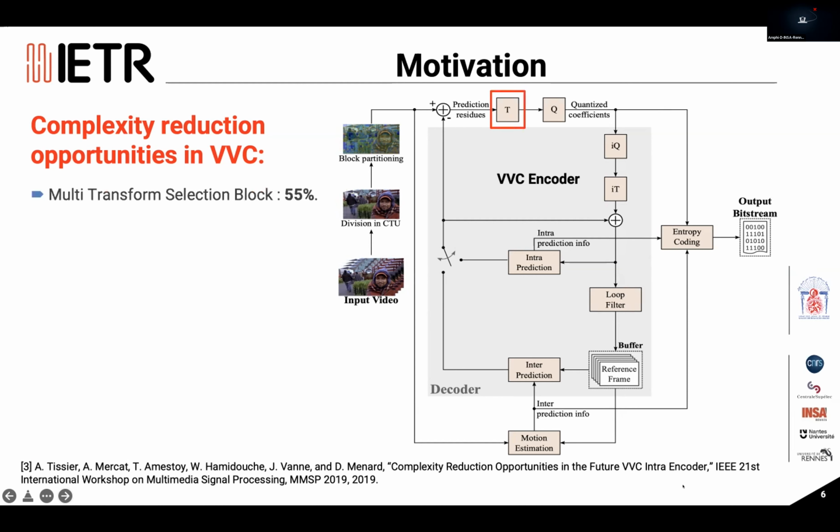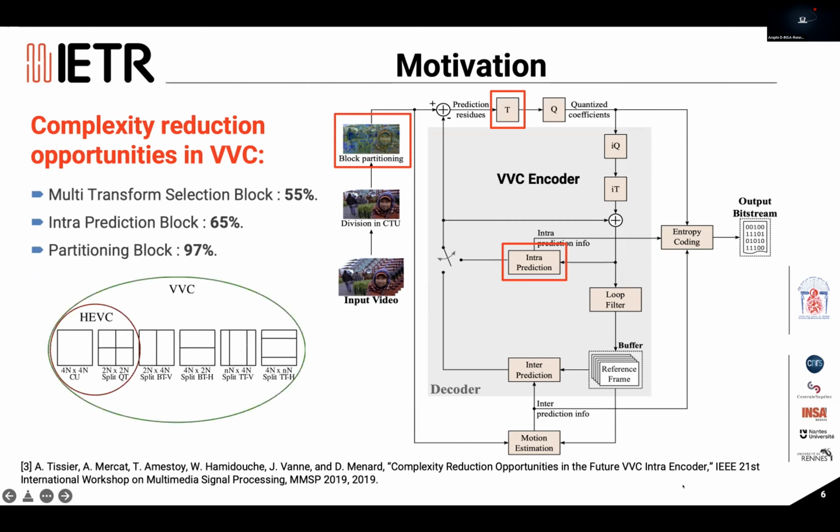As we can see here, the multiple transform selection block offers around 55% complexity reduction opportunity, followed by the intra prediction block with 65%, and the partitioning block with over 97%.